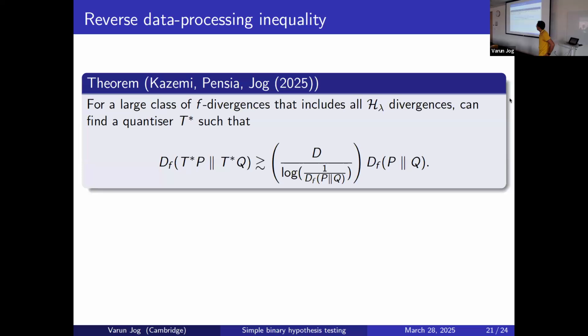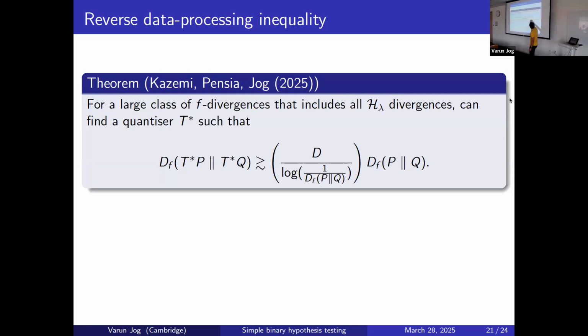And this is the reverse data processing inequality that we showed, that you can prove these kinds of inequalities for a large class of f divergences, including Hellinger, total variation, Hellinger lambda, and many f divergences out there, which is that the output distance, output df, you cannot capture up to constants.